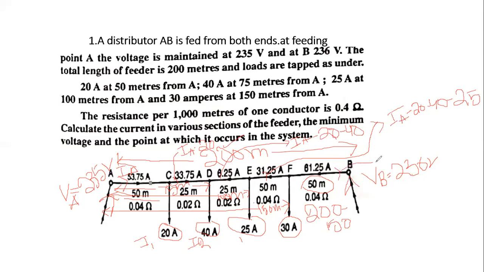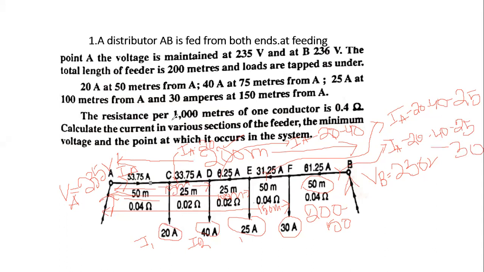That is IA minus 20 minus 40 minus 25 minus 30. These are the currents at the various sections.